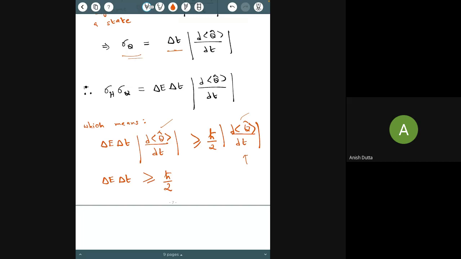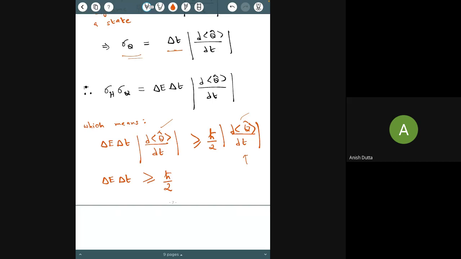Delta E large means that this non-stationary state has a very wide range of energy. So it is a superposition of a large number of states of many different energies. And the wider the gaps between the energies of the components, the more rapidly the state evolves. So that is the conclusion that we arrive at.